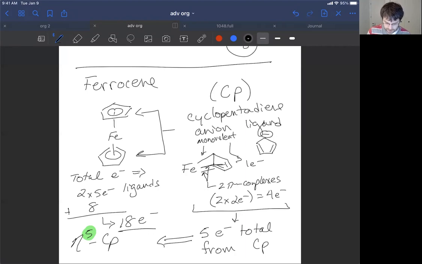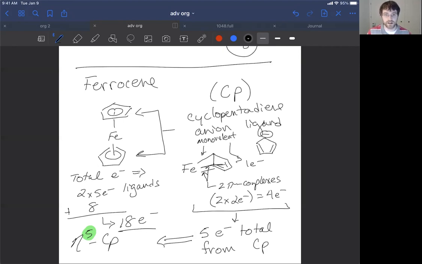And if iron has 2 -1 charged ligands, iron must be +2 to make a neutral ferrocene complex. Okay, so iron has to be +2.